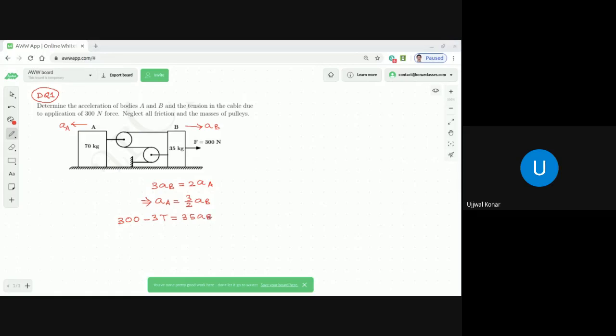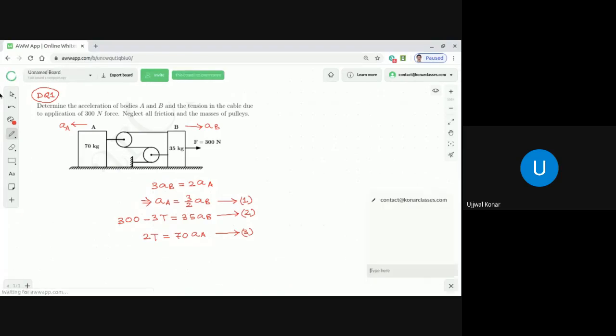This is the first equation. The second equation is this one, and the third equation we are going to get is 2T is equal to 70 into AA. Now you solve all these three and let me know the values of the accelerations you get, and the tension in the cable.